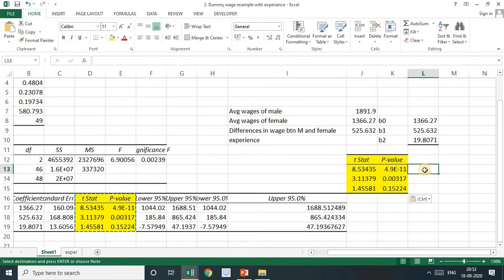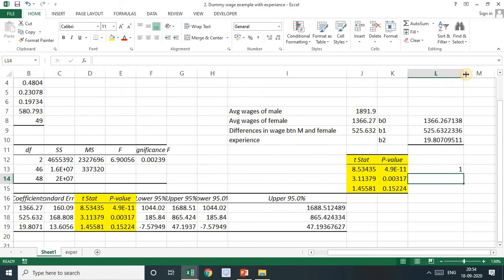Look at this: 1 minus this value, how much are you getting? For the second one, 99% you are sure that you can reject the null hypothesis of no gender discrimination.